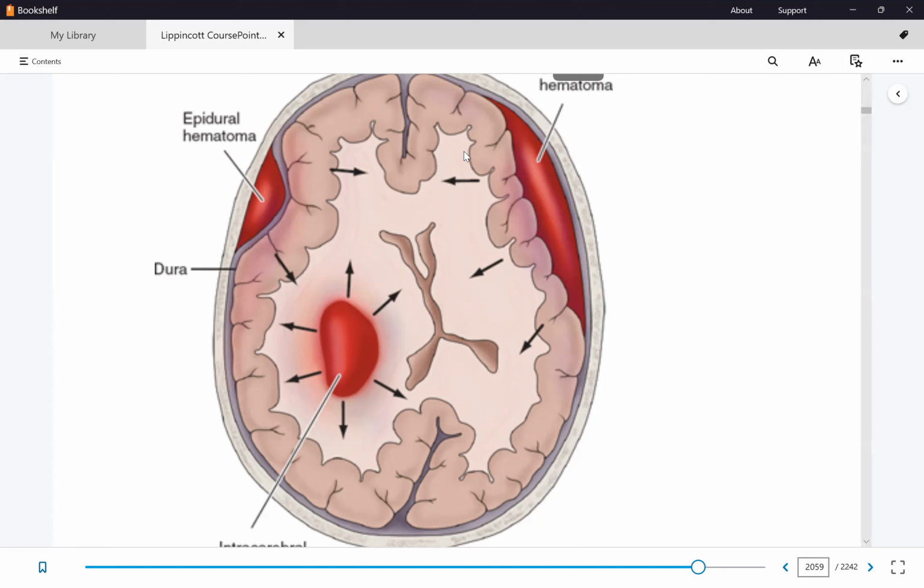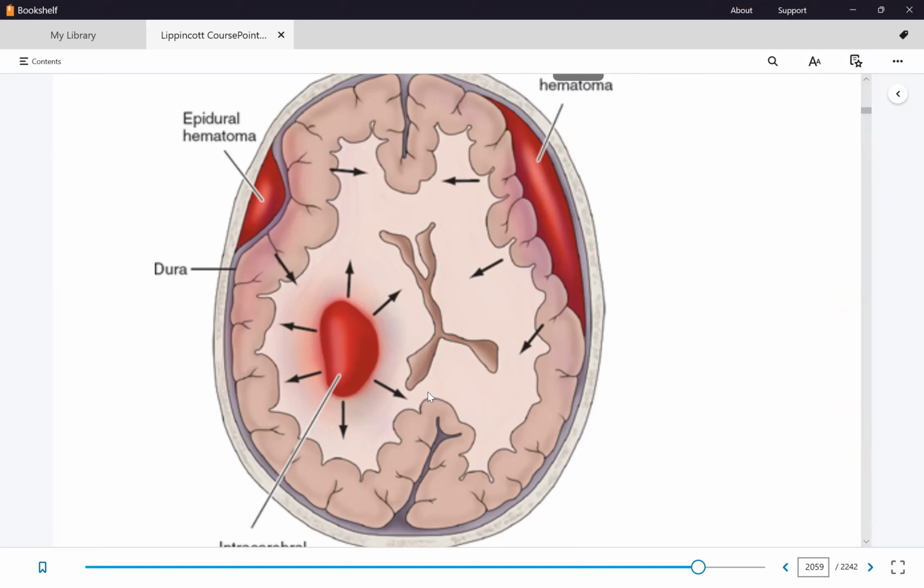So if there's an imbalance now, because CSF production will not stop, CSF drainage must also be continuous, meaning it's constantly produced, therefore it must also constantly be drained in the skull. So if you have displacement here now, can it drain properly? What condition will this result in?